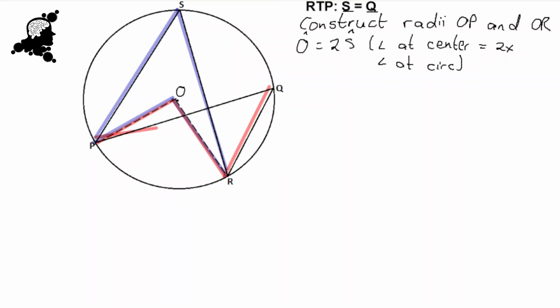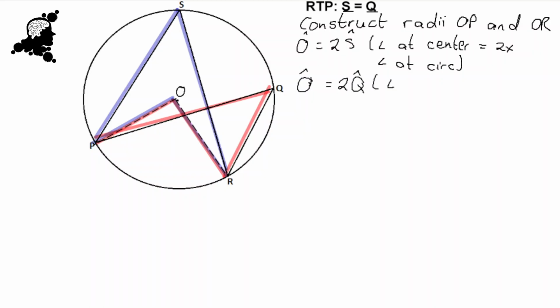Looking at this diagram, you could see that we also have the same theorem, that angle at the center is twice the angle at the circumference. So what I could do is I could say, but wait a second, angle O, whoops, that's the wrong color. Let's fix this. So we can also see that angle O is equal to 2 times angle Q.